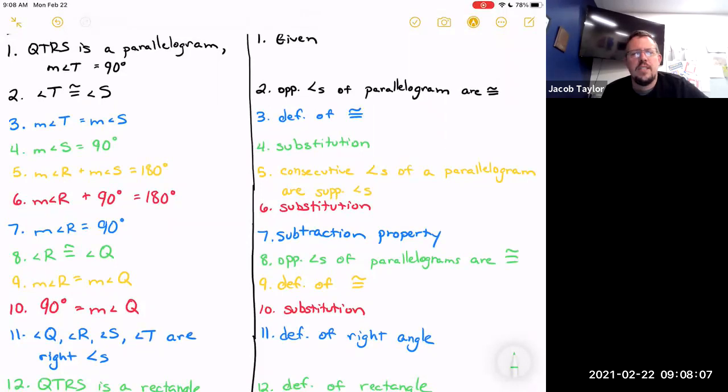The proof where you have to show that if the diagonals are angle bisectors, then it is a rhombus. That proof I think is even longer than this one. I think that proof is like 15 steps long or something. We can do that one though. I like proofs. I will prove to you that they are fun to do.